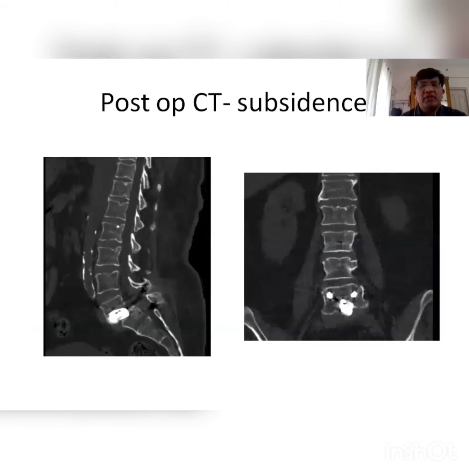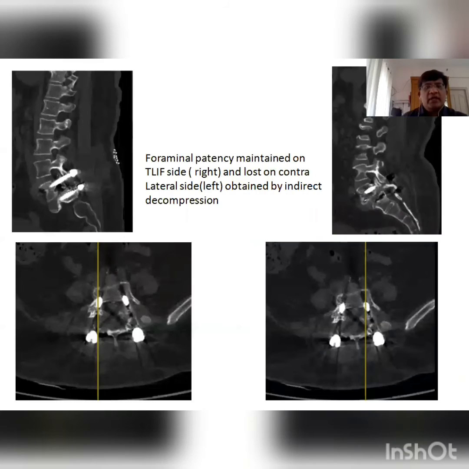So I took her for a CT, which showed significant subsidence of the cage into the L5 end plate. The axial and sagittal images showed that the subsidence has caused the TLIF side foraminal window to remain patent, whereas on the other side, the indirect decompression that we supposedly got, freeing the corresponding nerve root, has been completely lost.